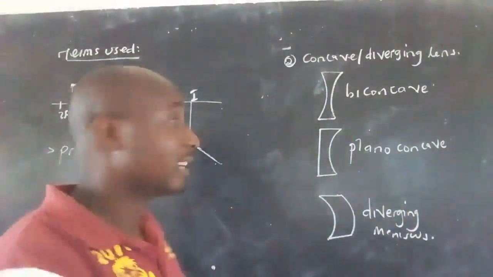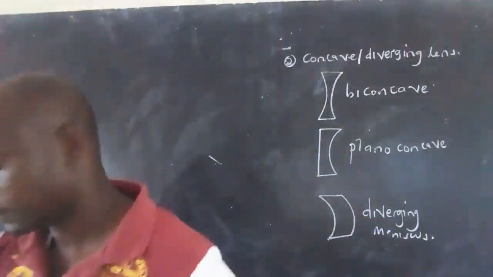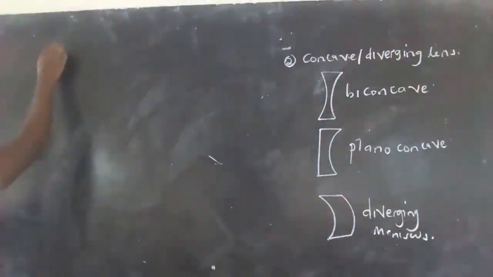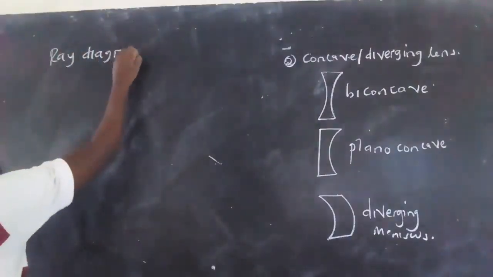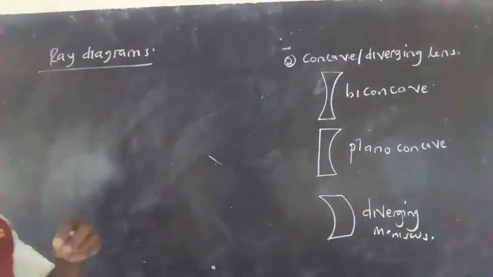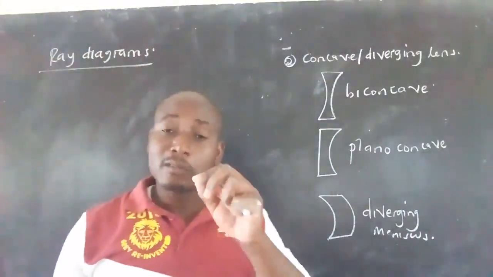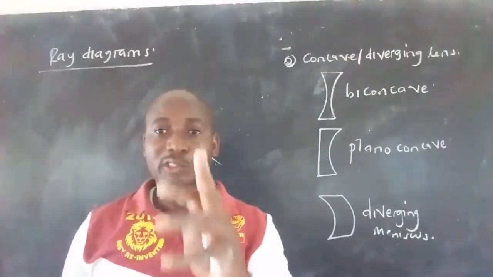Then we go to ray diagrams. Now, when you are drawing ray diagrams, there are 3 rays from which you choose 2.